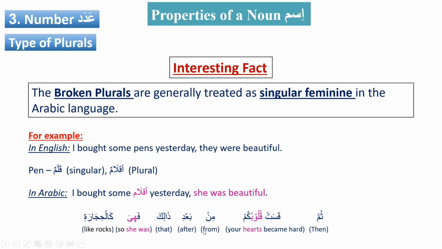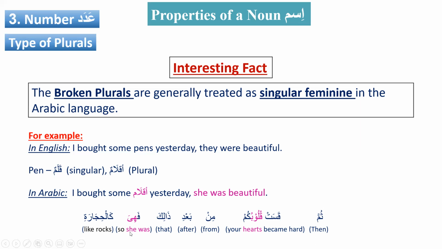And that is why Allah subhanahu wa ta'ala has said in Quran, she was like rocks. So Allah is talking about the hearts, the word kulub, and it is being treated as she, instead of saying they were like rocks. So the word kulub is treated as feminine.